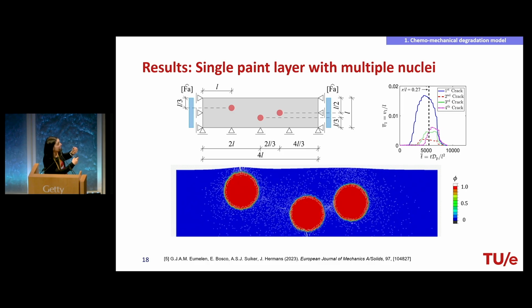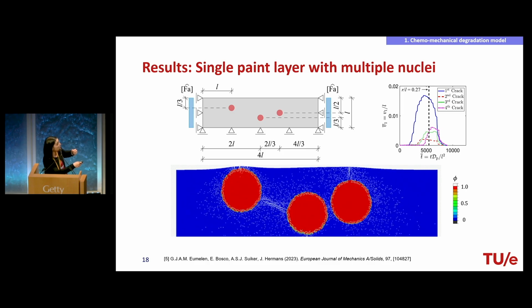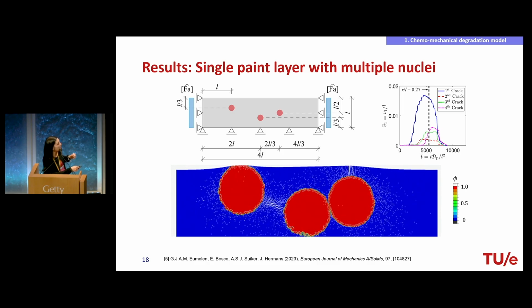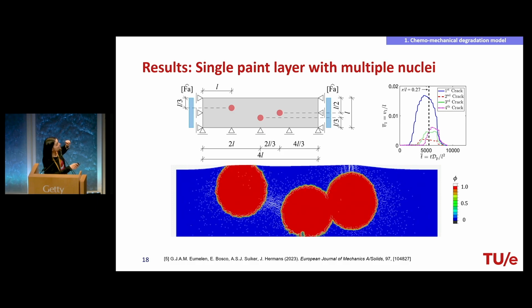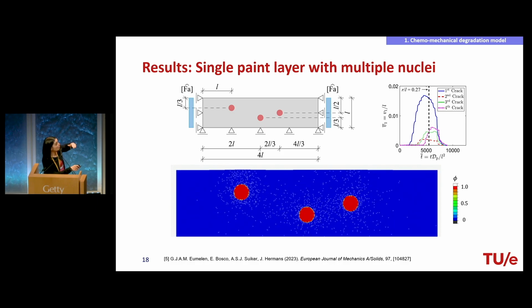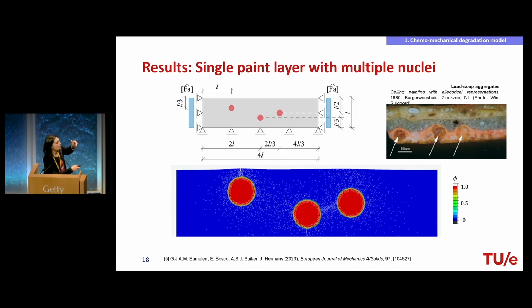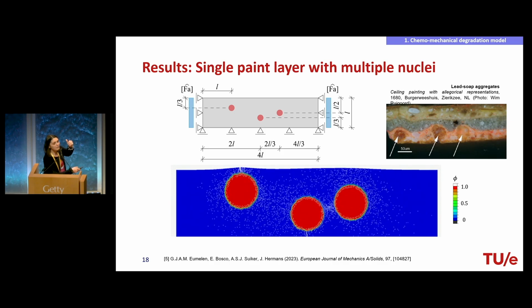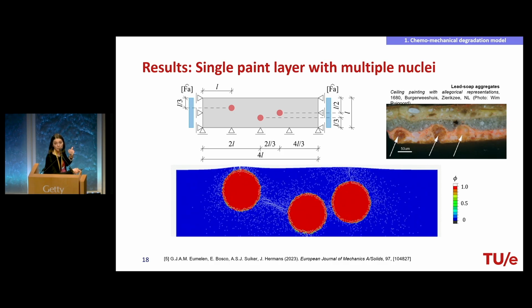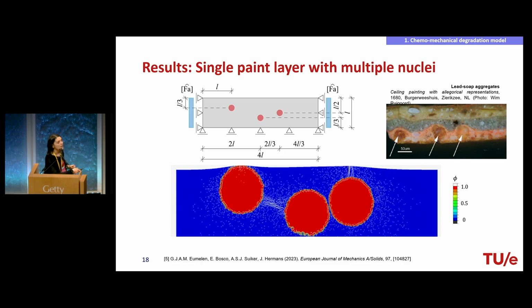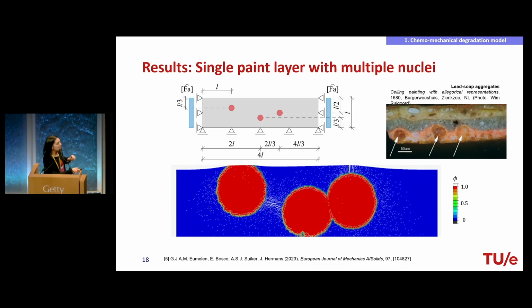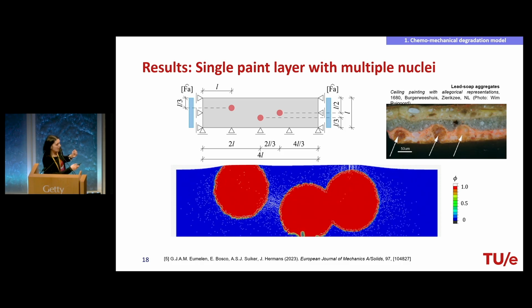So initially tensile, but then when it reaches the surface, these cracks close up. Another interesting thing is that these crystals approach the surface, so they could mimic some cross-sectional data taken from original samples. Of course, this is a qualitative comparison.